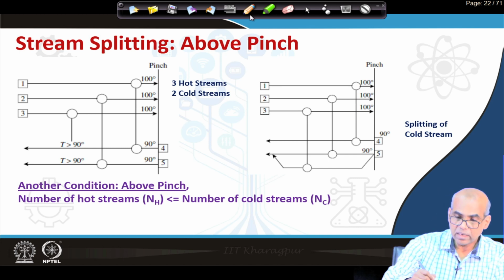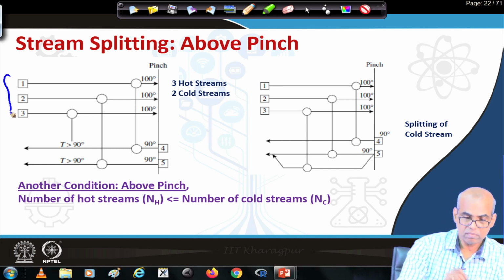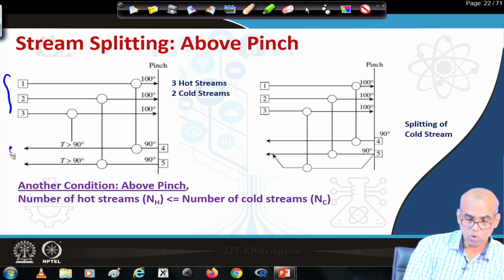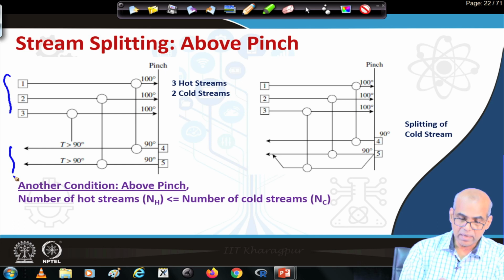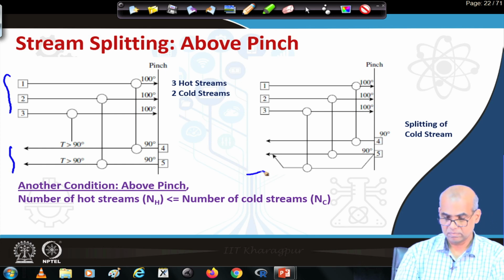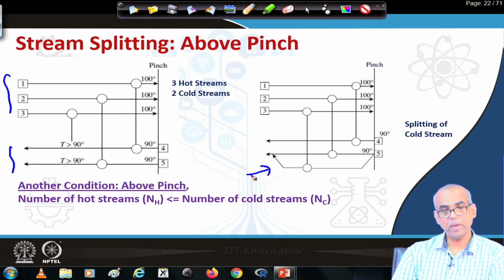Note here that you have 3 hot streams and 2 cold streams. So, I can do the feasible matches by splitting one of the cold streams into 2 parallel branches.